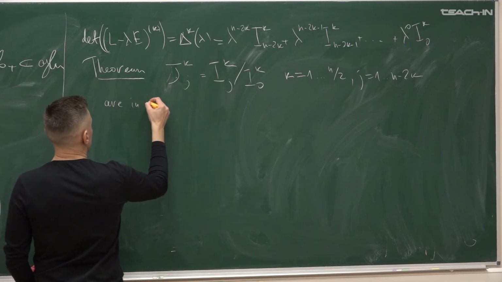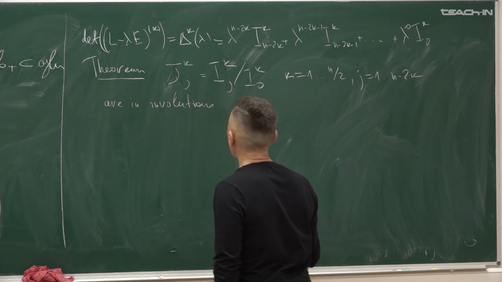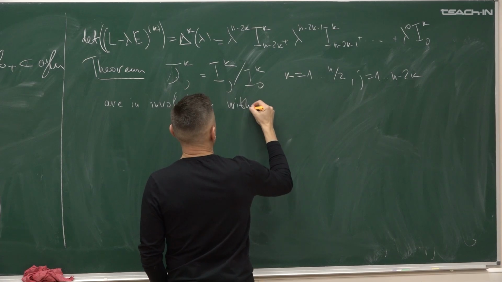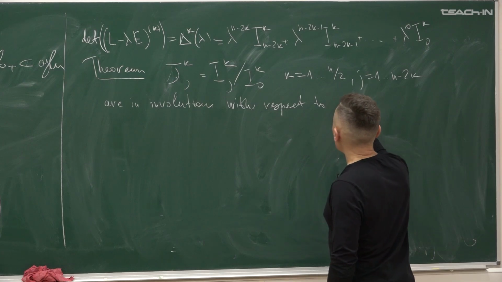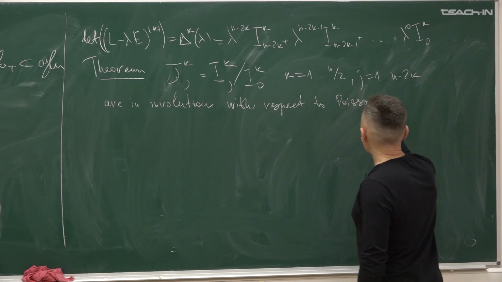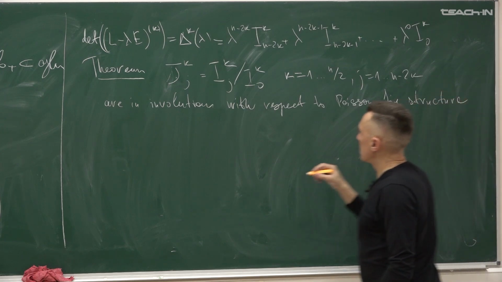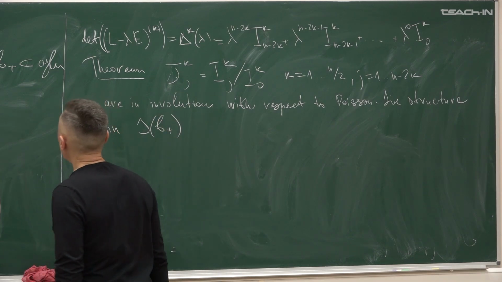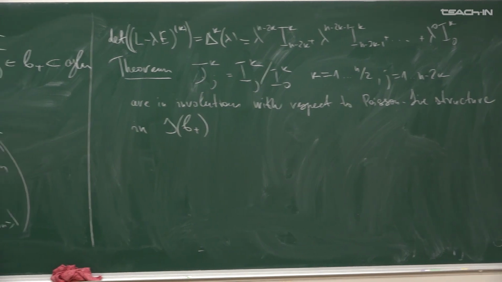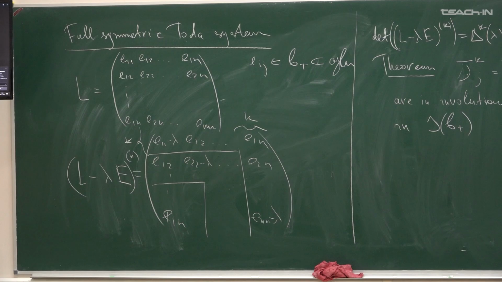They are in involution with respect to the Poisson-Lie structure in S of B plus. So B plus is the subalgebra generated by upper triangular generators of gl_n.